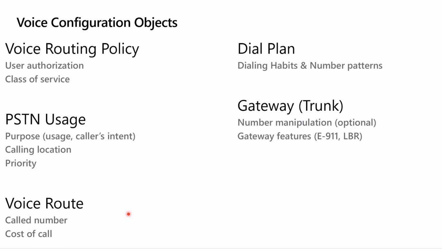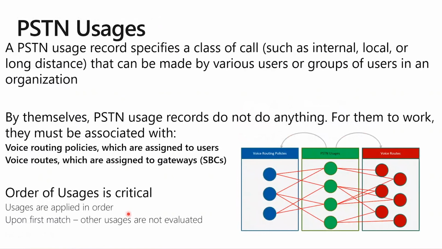As a matter of fact, it is exactly the same. So if you're familiar with how a voice route was set up in an on-premises environment, it is the same for online. We have the PSTN usage object, which defines a specific class of calls, such as internal, local, regional, long distance, that can be made by users.